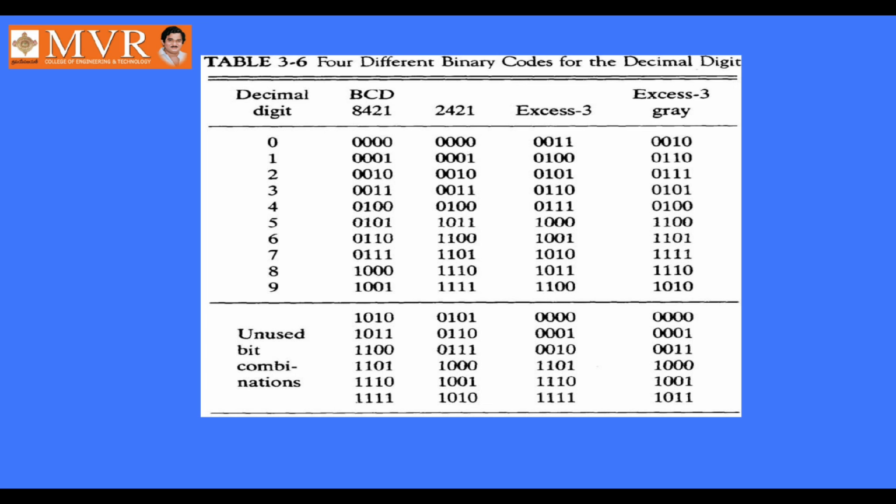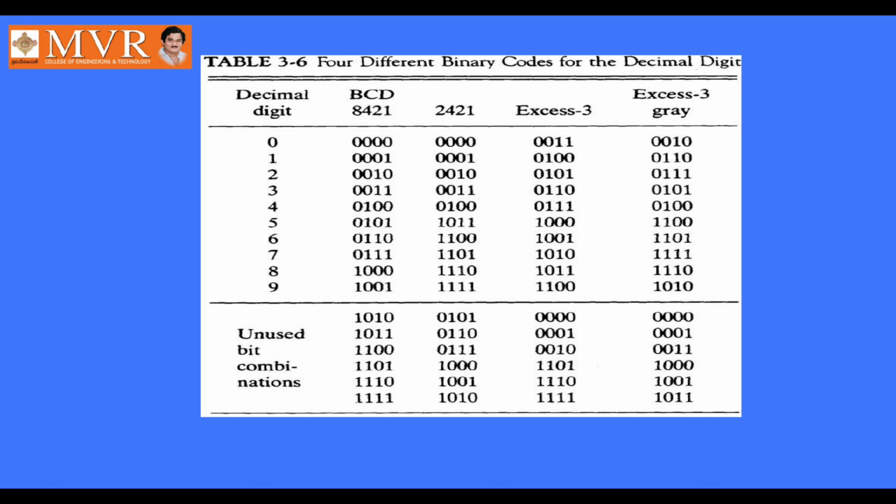In 2421, 0000 is the value 0, 0001 is 1, 0010 is 2, like that. When you come to the fifth decimal value, from there onwards the actual values change. So 4 is not considered, 4 plus 1 is not considered, because the least significant 1 and the next value 2 are already placed with binary 1s, which comes to a total of 3.